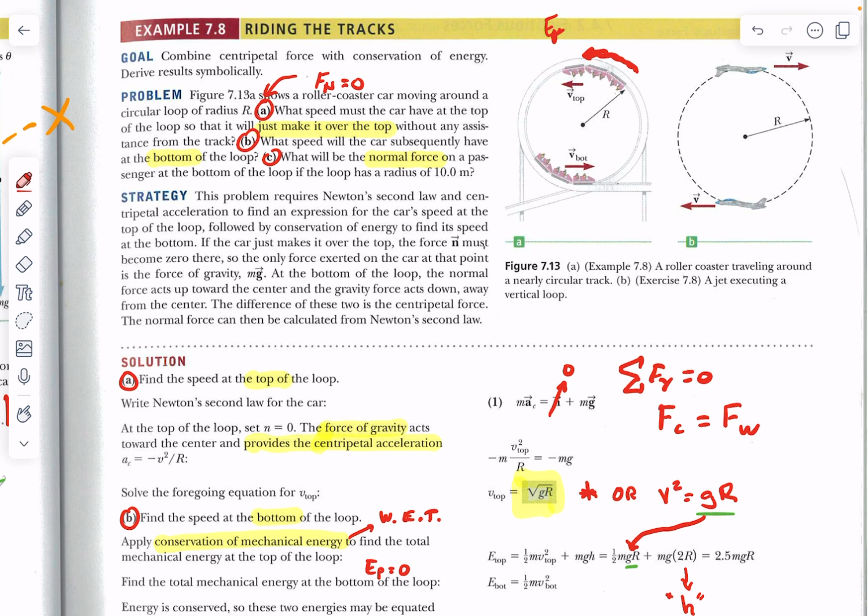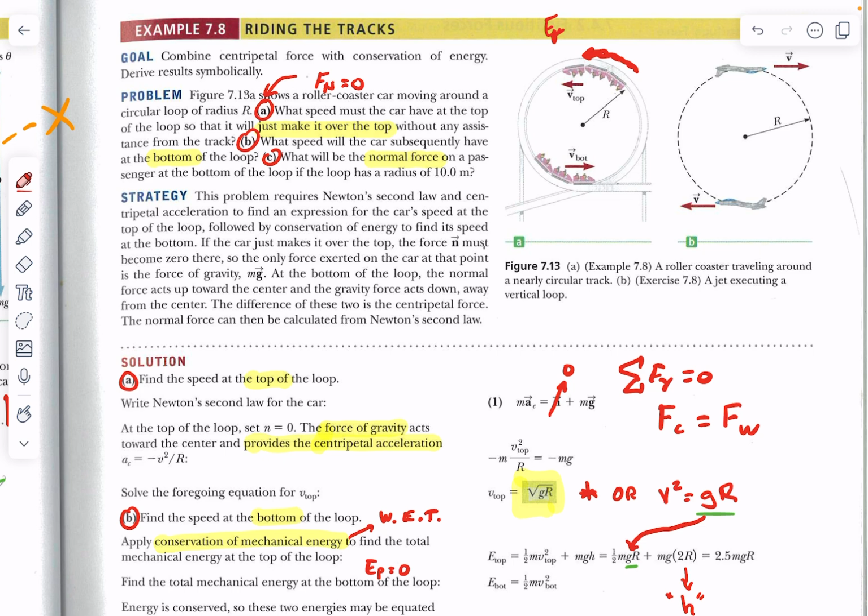The force of tension is approaching zero. If it was any slower, the string would begin to get limp and the masses would begin to fall down instead of continually moving counterclockwise, keeping the string tight.